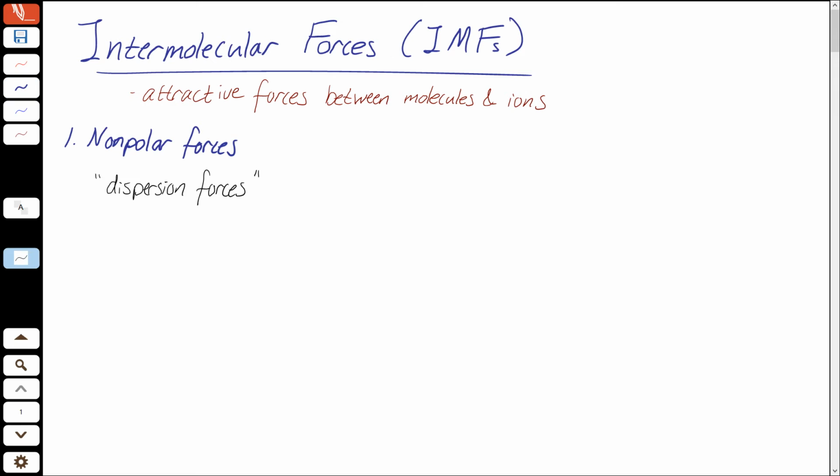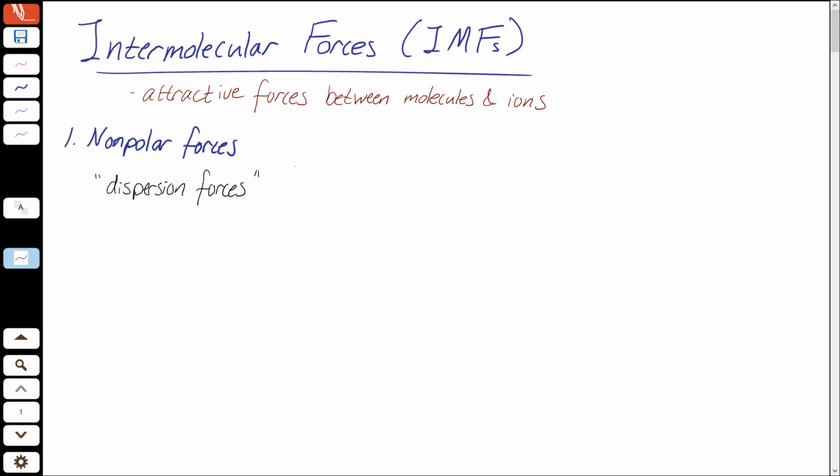This is what the book calls it. They also go under a couple other names, so we might as well list those. They're sometimes known as London forces or van der Waals forces, although sometimes that's a little bit even more general than that, or induced dipole forces.